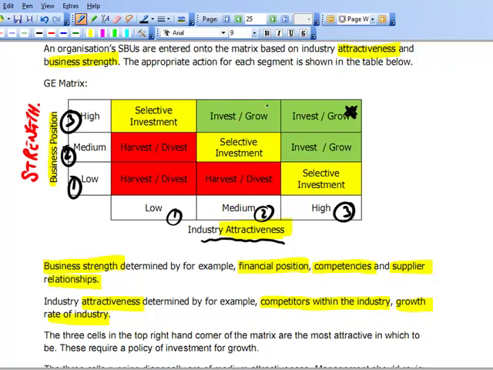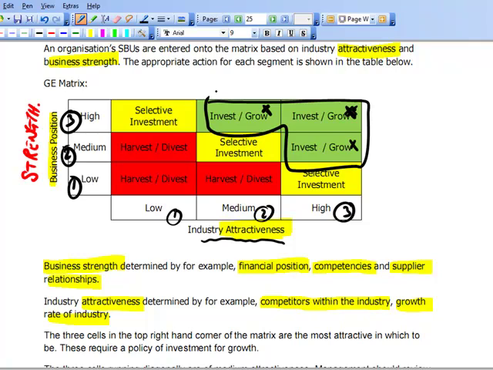Similarly, it's a medium attractive industry, but we're in a strong position. Let's invest in it. Let's grow it. Here, we're in a highly attractive industry in a medium strength position. So what we're saying is the areas in the top right-hand corner, that's where we should invest. That is where the SBUs are that we should invest in.